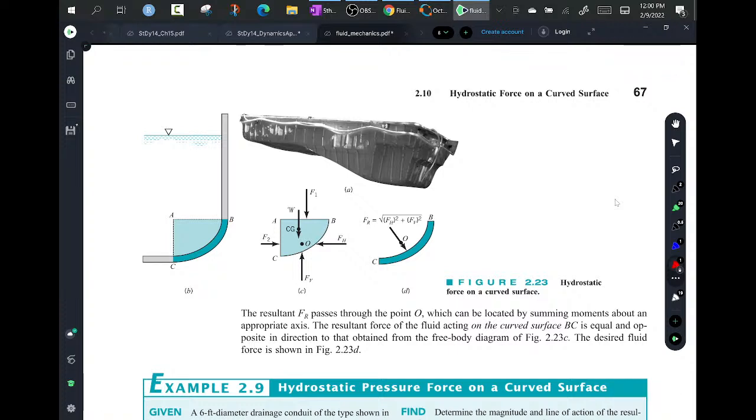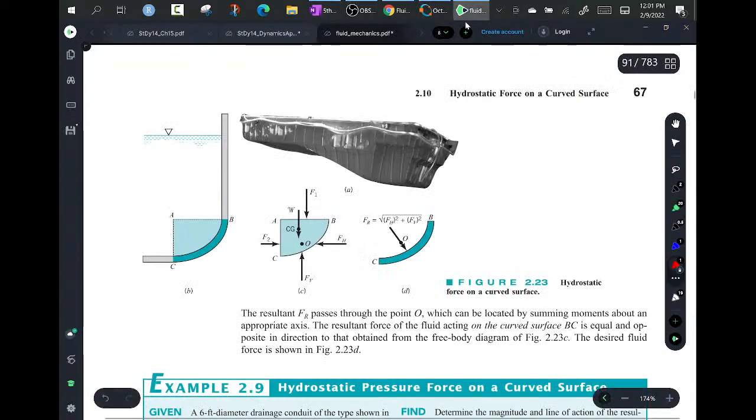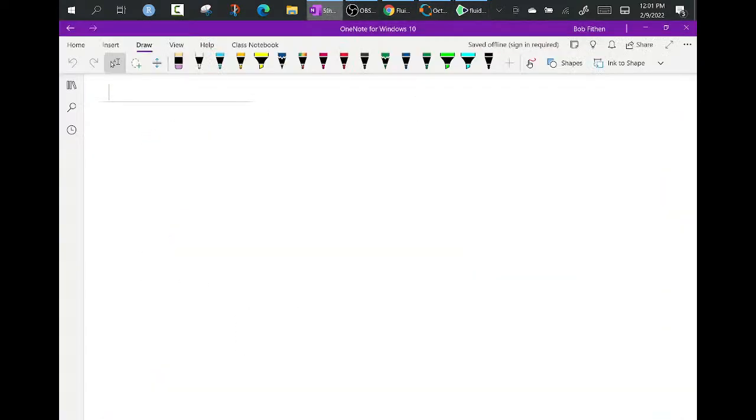So let me take two cases here. And this one doesn't look like a circle to me, so I'm going to draw my own over here, but I'm going to mimic his. Let's see. His looked very much like that.